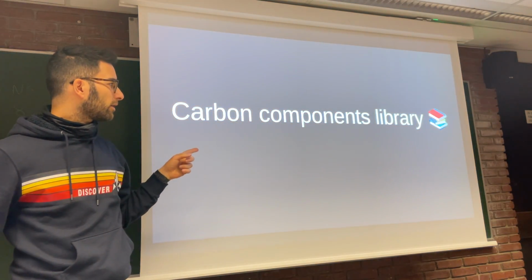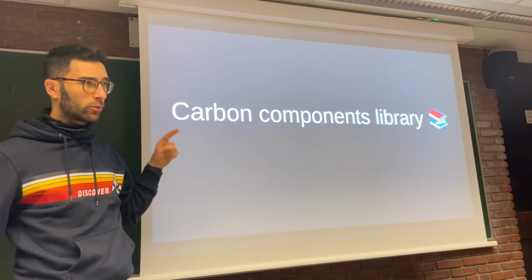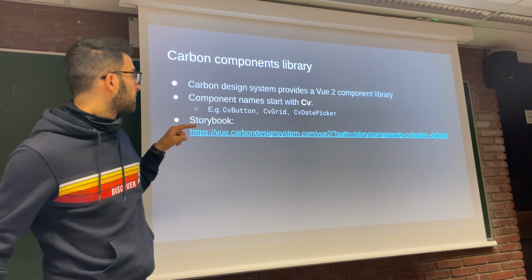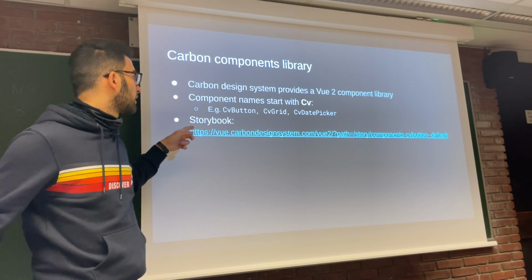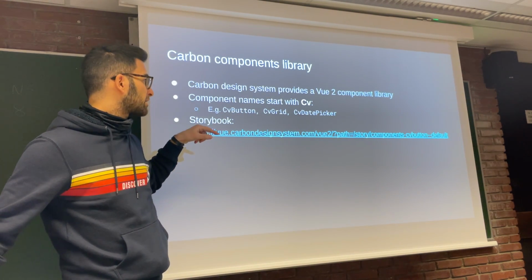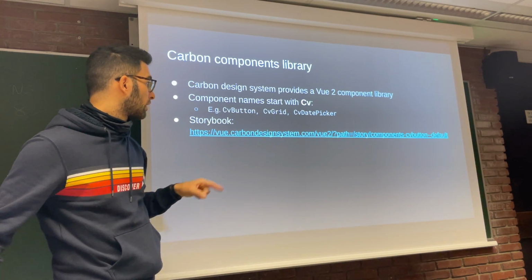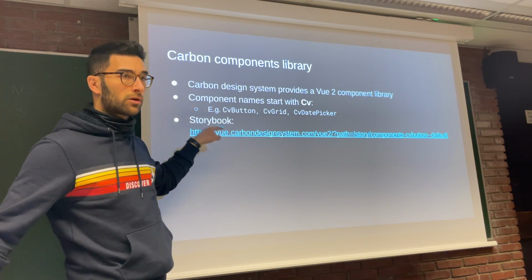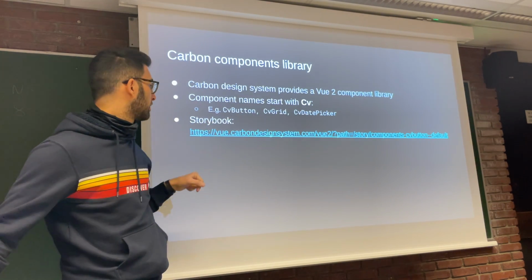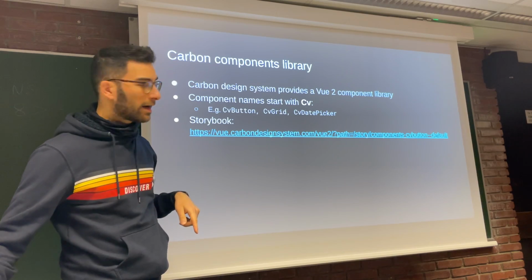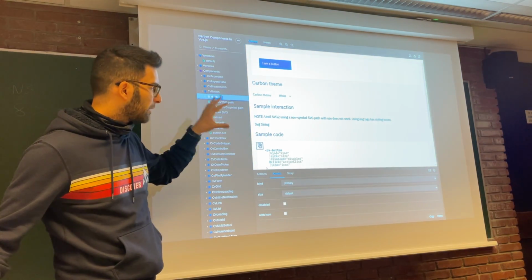Okay, the other library is the Carbon components library. Carbon is the design system that we used. Carbon provides a Vue2 component library, and you recognize them inside the code because they have the CV prefix. The Carbon library has its own Storybook. It's publicly available, and this is the URL. And this is a screenshot. It's similar to the previous one.